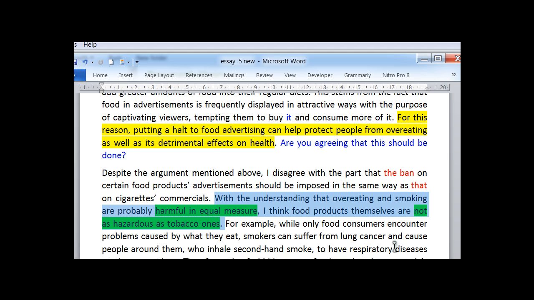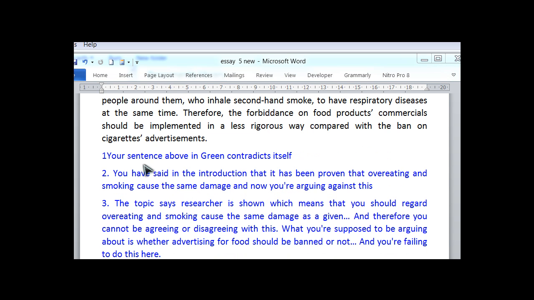So this is a huge problem. So basically I summarise these 3 points here. The sentence contradicts itself. You've said in the introduction that they're equal. Now you're contradicting this. And also that the topic section of the task says that research, I think it says has shown, or researchers, I think that should be has shown.